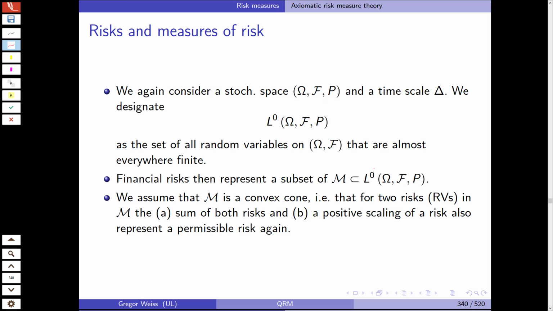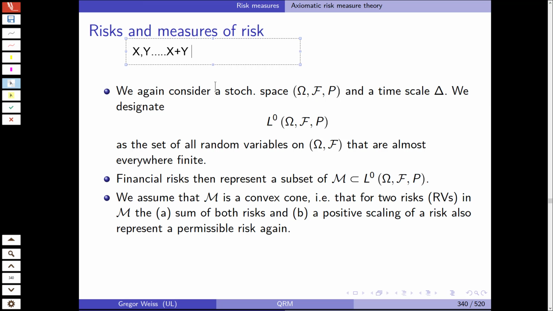A random variable is a risk. A risk is a random variable. We assume that M is a convex cone, ein konvexer Kegel. That is, if we have two risks, two random variables, then the sum of both risks and a positive scaling, for example, if we have two risks, x and y, this means that if they form a convex cone, x plus y is an element.